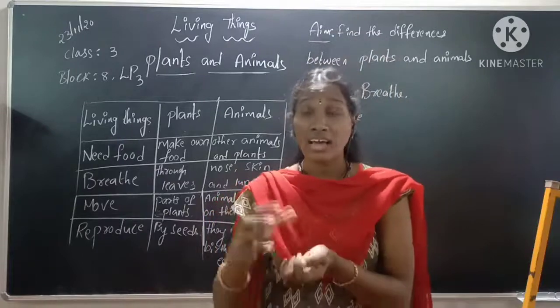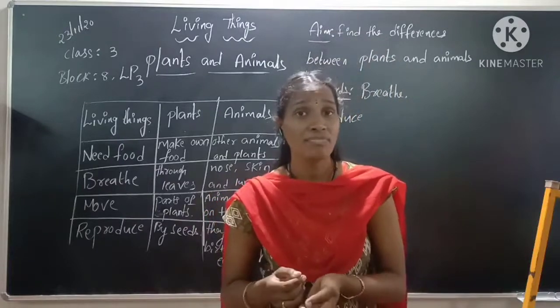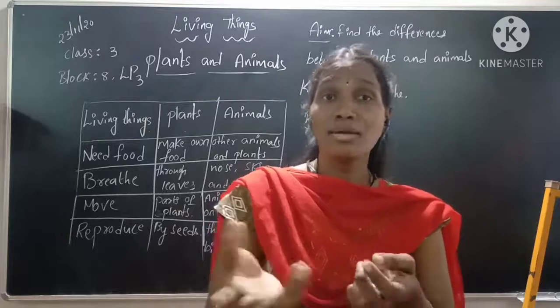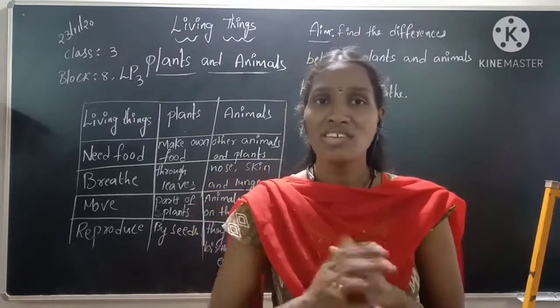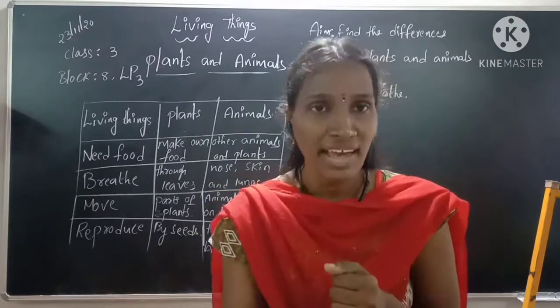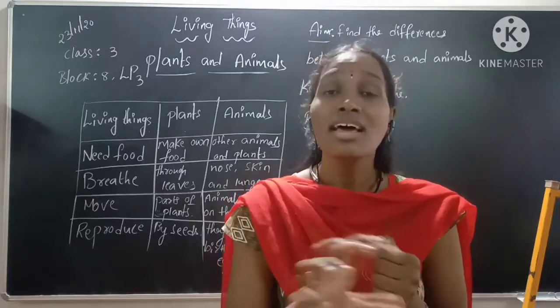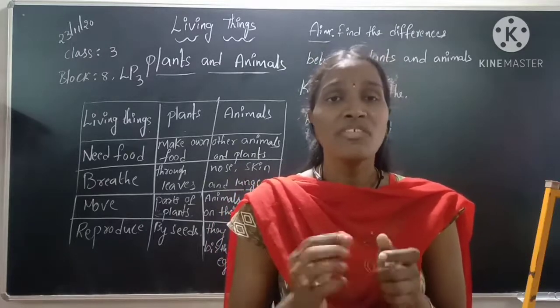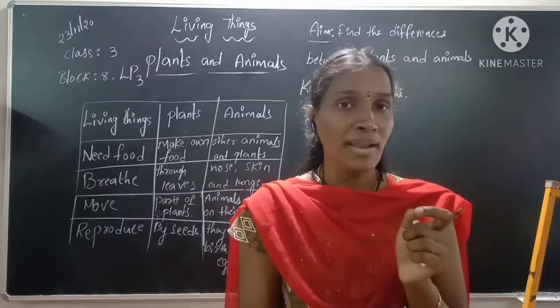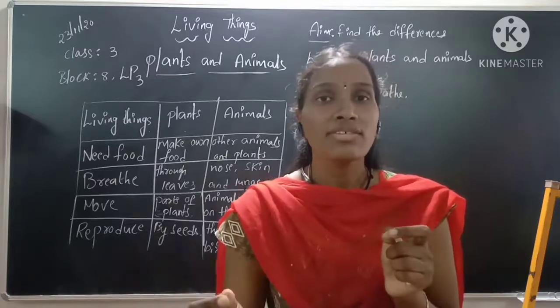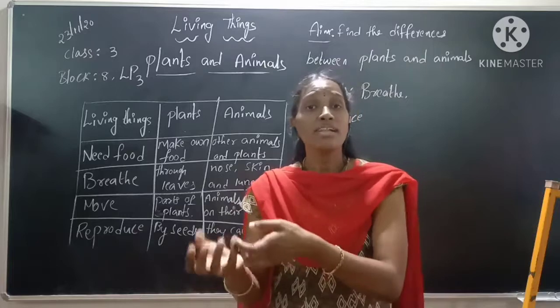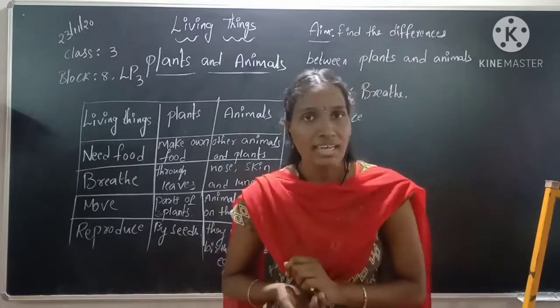How can you say that plants also have feelings? Yes, one plant is there, that is the touch-me-not plant. If you touch the plant, it closes its leaves. If you touch the leaves of the touch-me-not plant, it closes them. So that's why we can say that animals and plants have feelings.